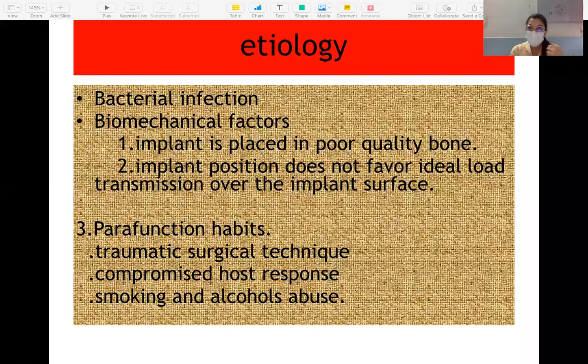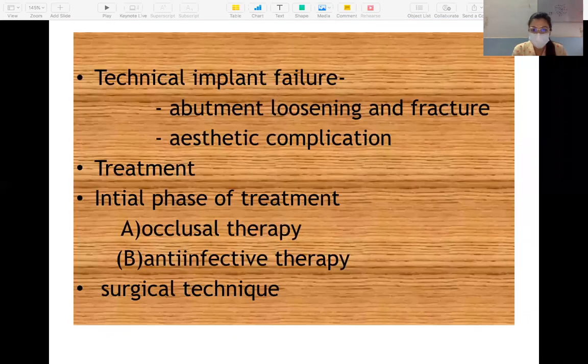The patient's system itself did not respond properly. And last point is patient compliance, that is, the patient did not follow the instruction of not smoking and alcohol use. Technical implant failures will be the category in which abutment loosening and fracture can occur, or there is aesthetic complication.